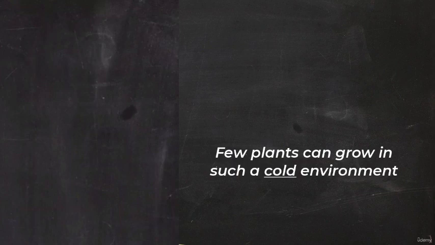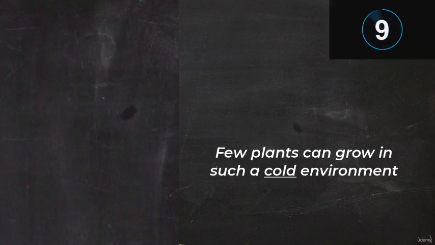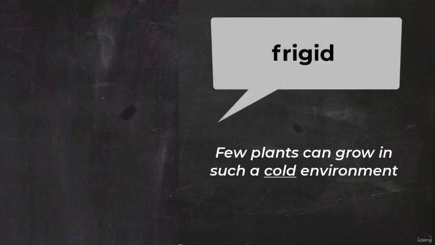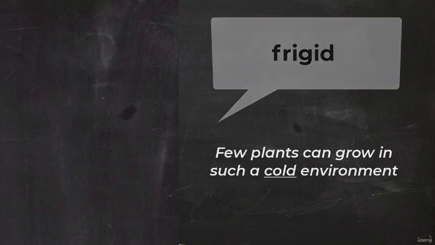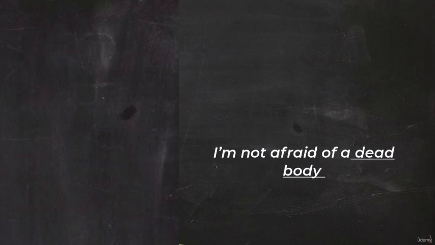So what is the main word? So what is it? That's right. We usually say frigid. Frigid means freezing and very cold. Come on. I'm not afraid of a dead body.